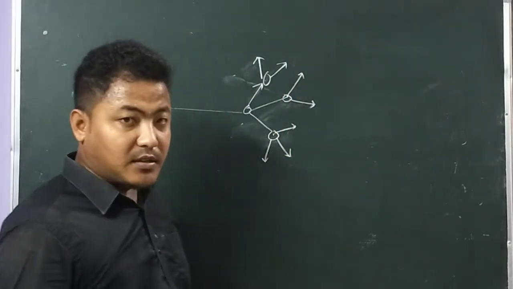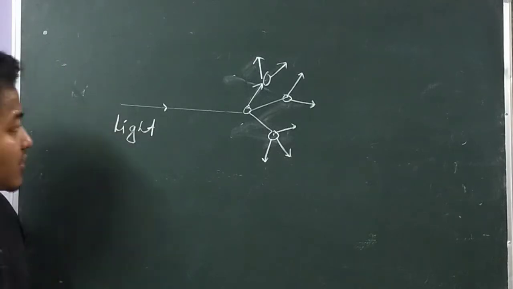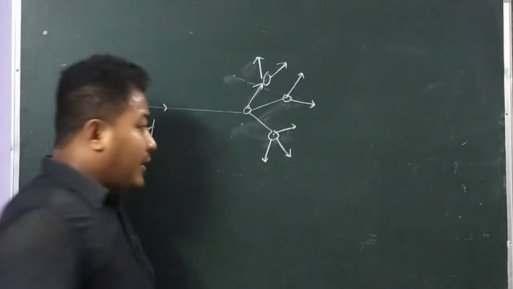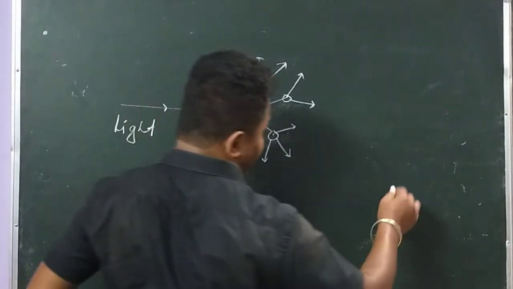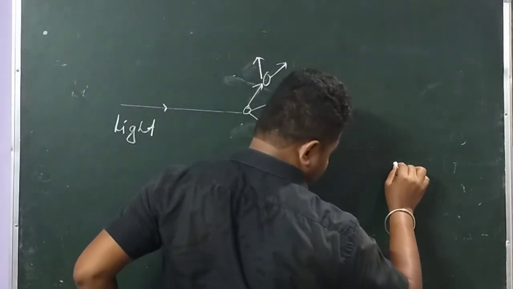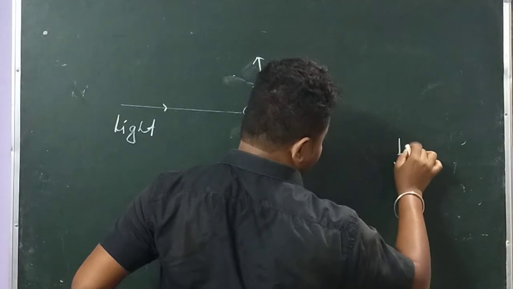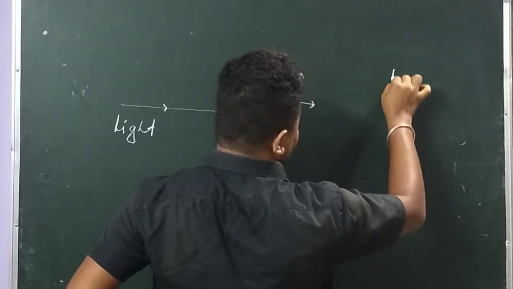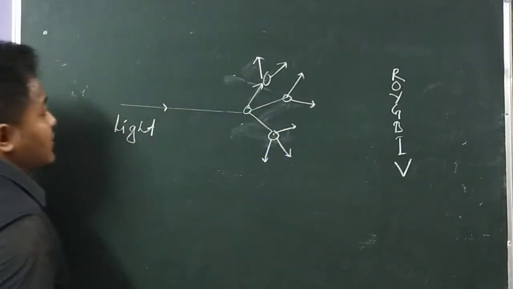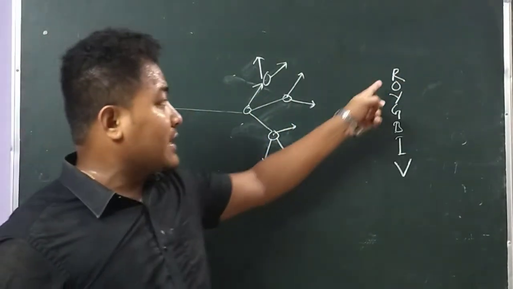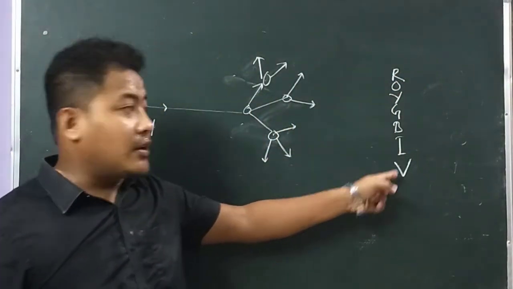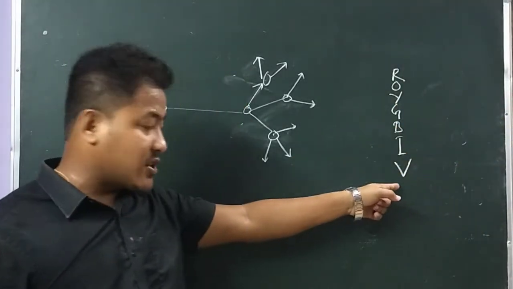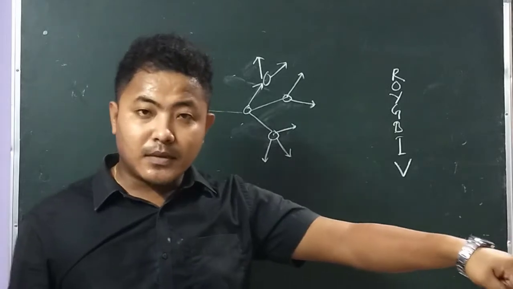You can draw this diagram of scattering of light. Now, one more thing we found: in our atmosphere we find the 7 colors, which can be expressed like this, starting from red to violet. Red color has maximum wavelength and violet color has minimum wavelength.